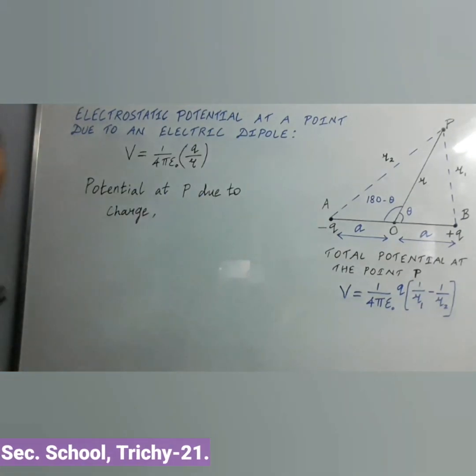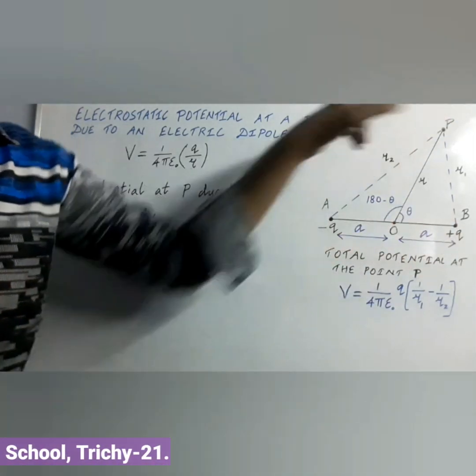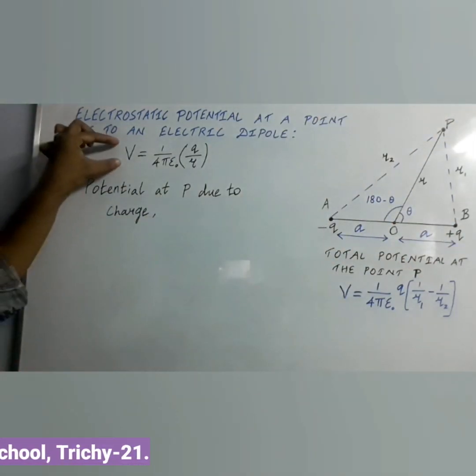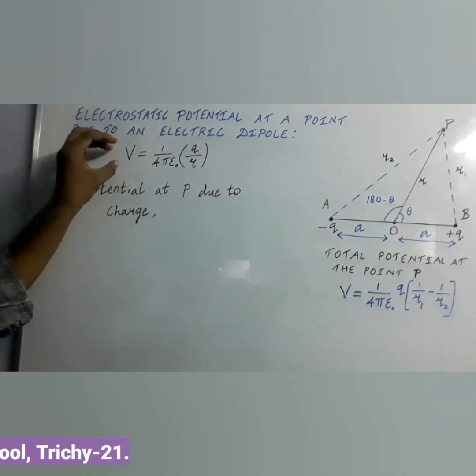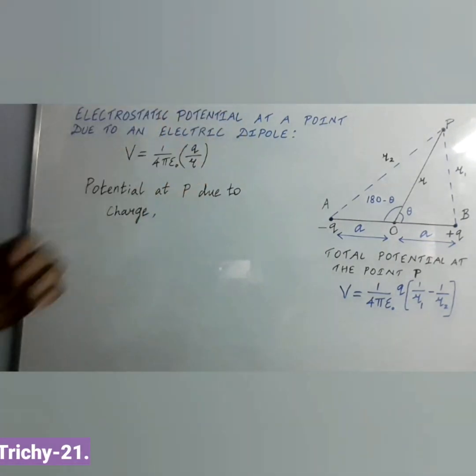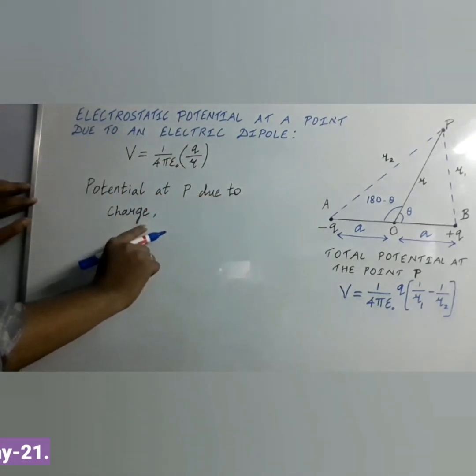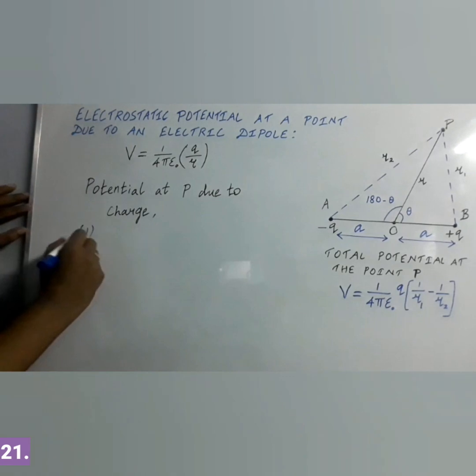Now we are going to find the electrostatic potential due to these two charges at point P. With the help of the general expression for the electrostatic potential due to a point charge, we can find the total electrostatic potential at point P. First we are going to take the positive charge.